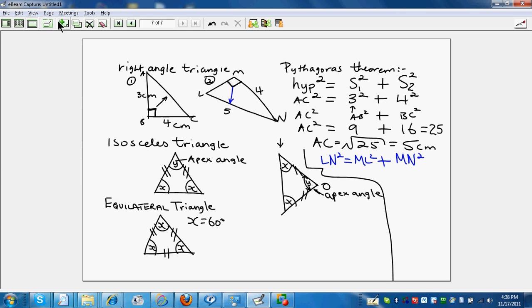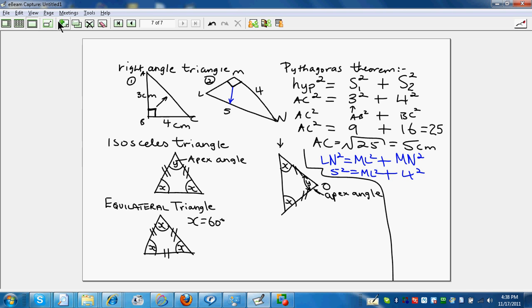Okay? Pythagoras. Hypotenuse squared is one side squared plus the other side squared. Now in this case, we could substitute and say LN squared will be 5 squared. So you write that 5 squared will be equal to ML squared, which we don't know and we want to find, plus MN squared. MN squared will be 4 squared.